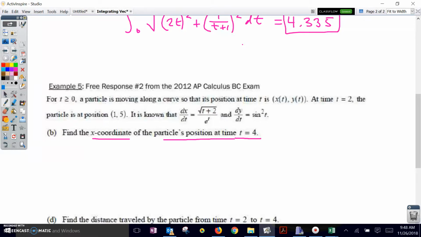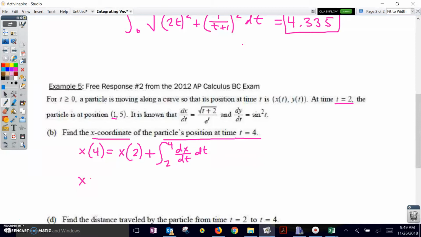To get that, we're going to take the known location that we have. At time t equals 2, the position is 1, so we want the position at 2. And then we're going to add the integral from 2 to 4 of dx dt with respect to t.